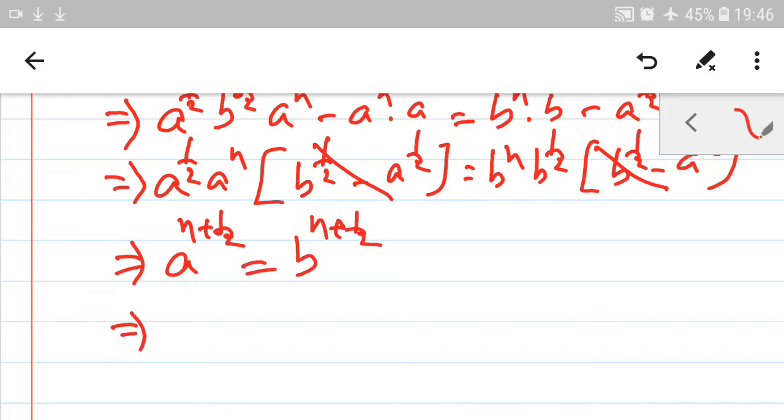Now in the next step, you write it this way: A to the power n plus half divided by B to the power n plus half is equal to 1, right?